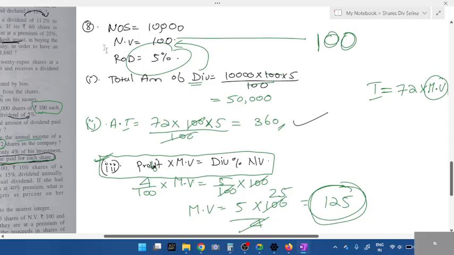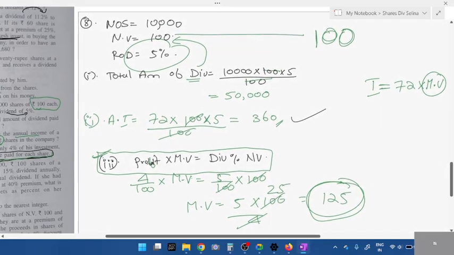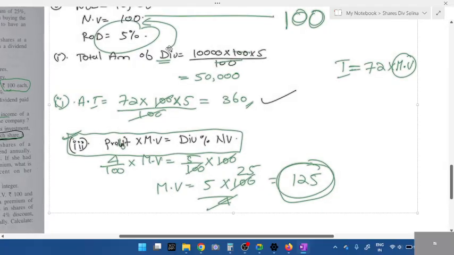This last part I'll teach tomorrow, students, because there's one important concept. Sale proceeds. Shall we start sale proceeds? Last concept. Just complete this. Be quick.